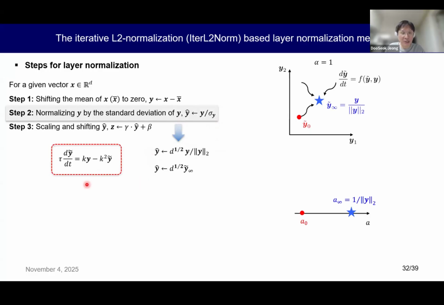Okay, but this is the y dimension. Think about the embedding in an LLM. The size is very often larger than 1,000, right? So the calculation can be very costly.